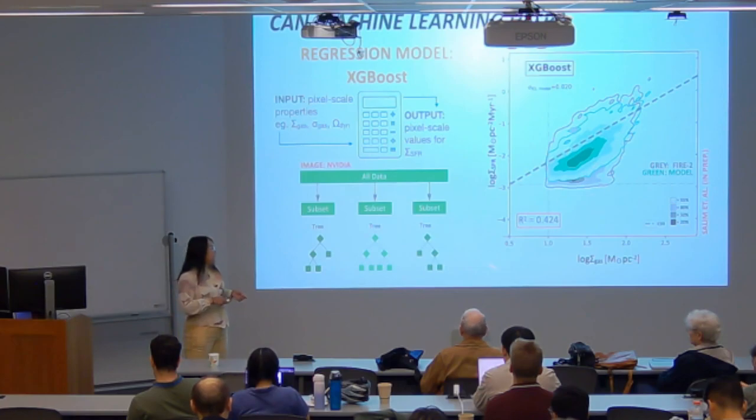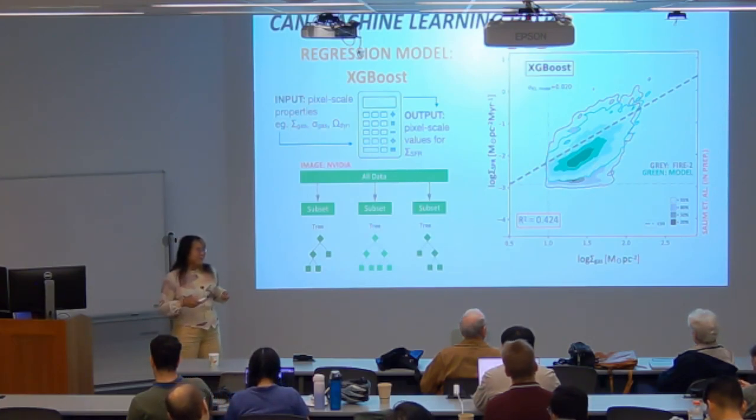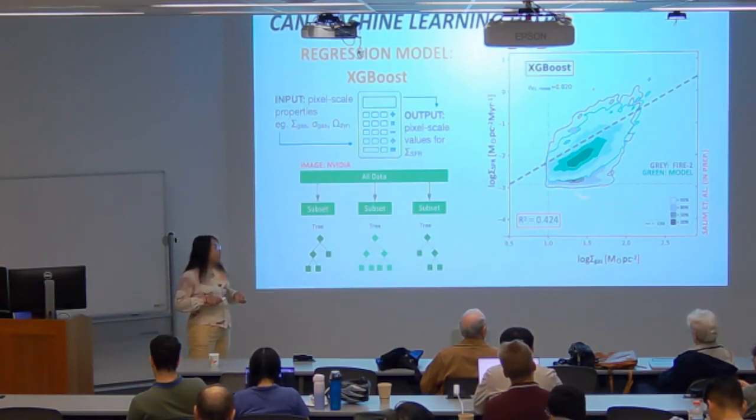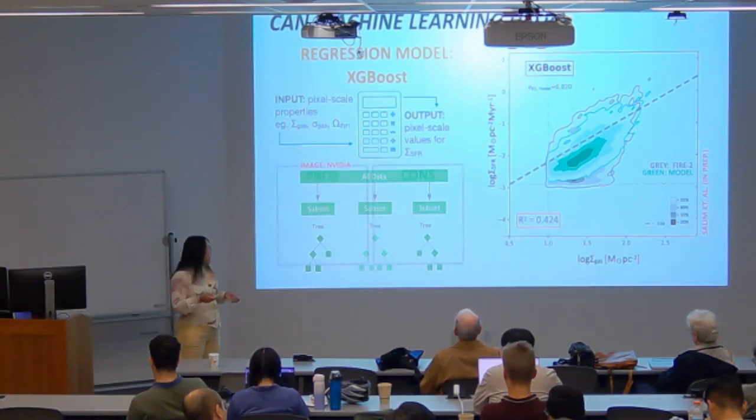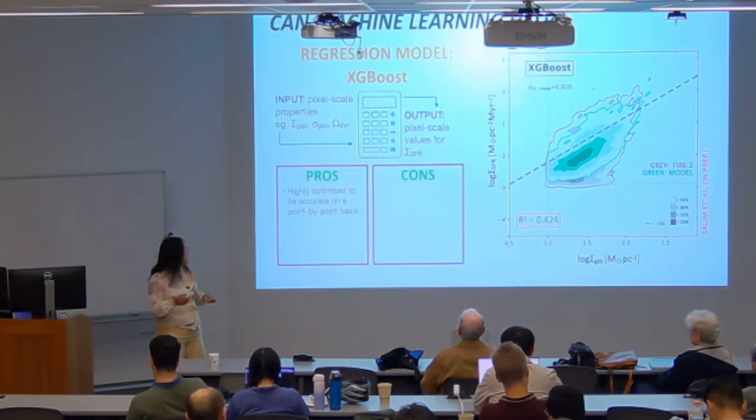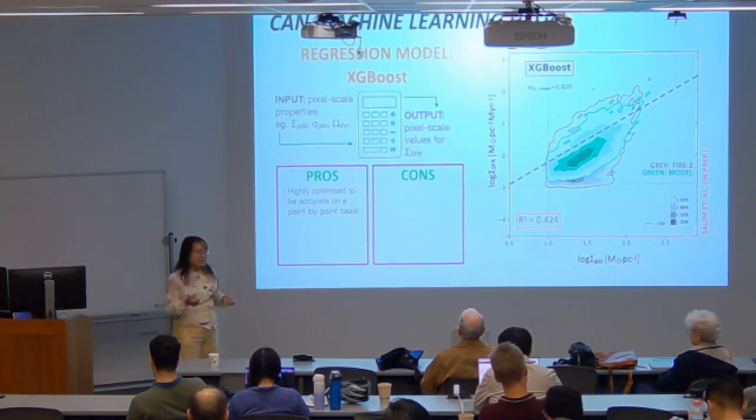It does really well. It does better than all analytical models on an R-squared basis, and it also recreates the distribution on the Kennicutt-Schmidt plane a lot better than all our analytical models too. There are some pros and cons for this kind of model. It's highly optimized on a point-by-point basis.